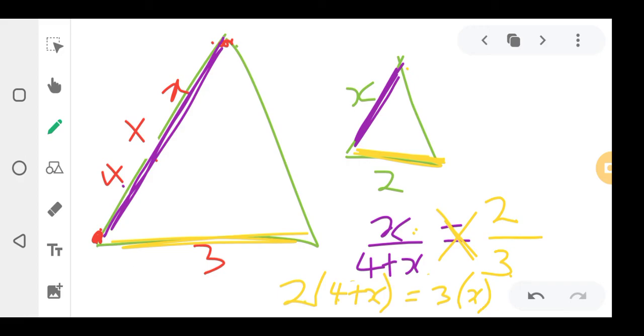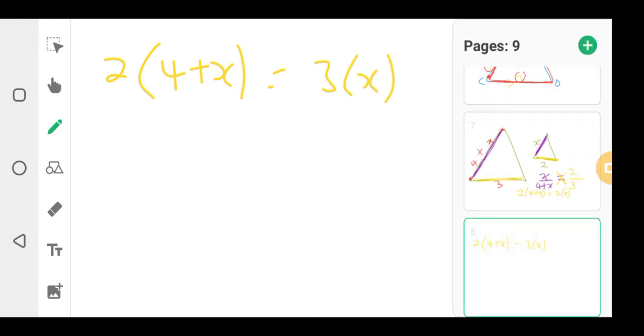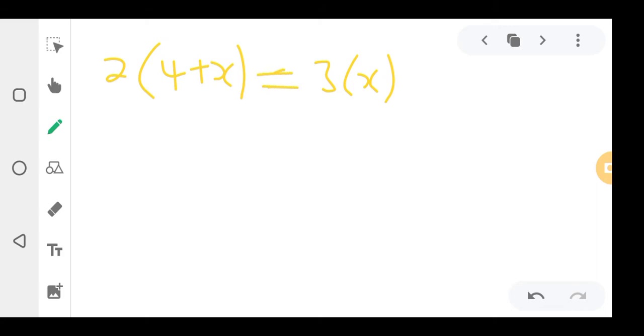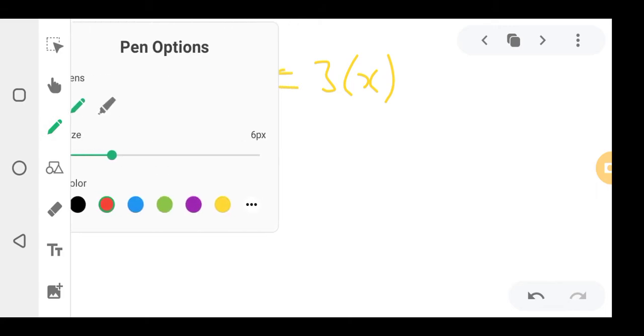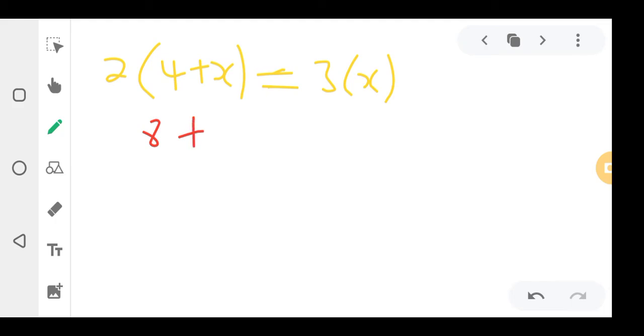So 2 times 4 is 8, plus 2 times x, 2x, is equal to 3 times x, 3x. Okay?